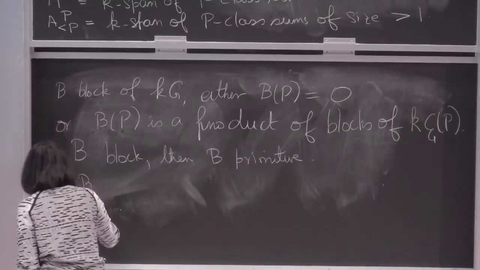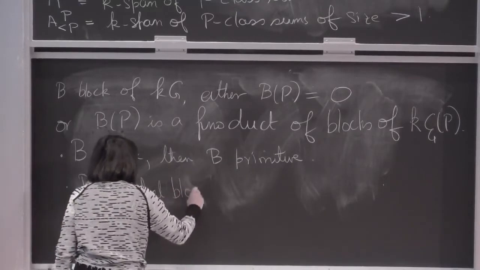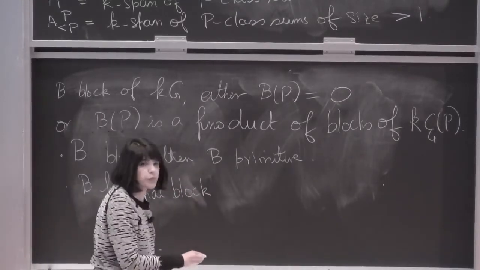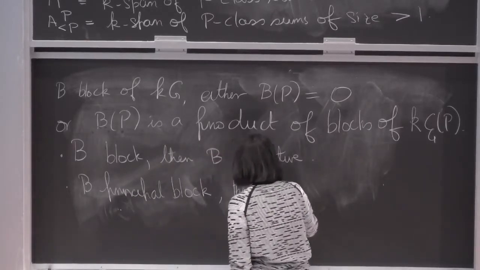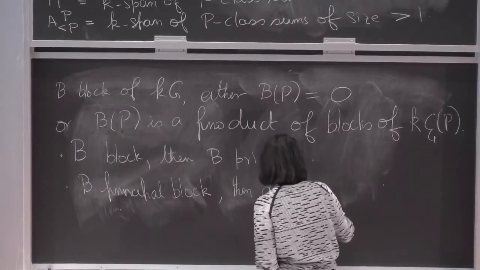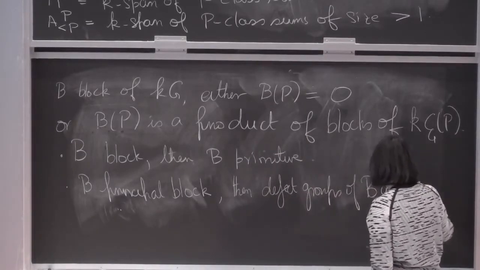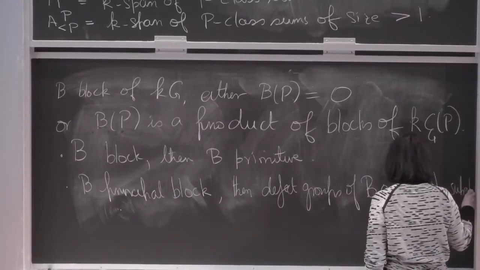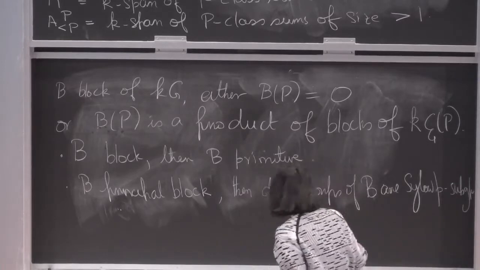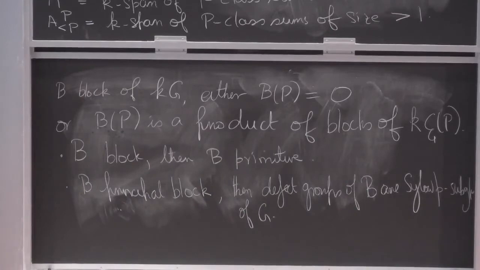So if B is the principal block, then the defect groups of B are the Sylow p-subgroups of G. Okay, and now the third.